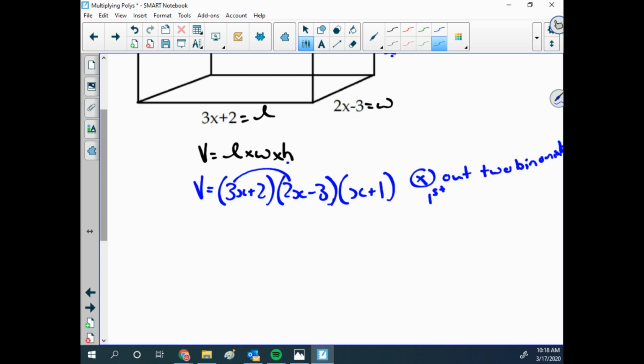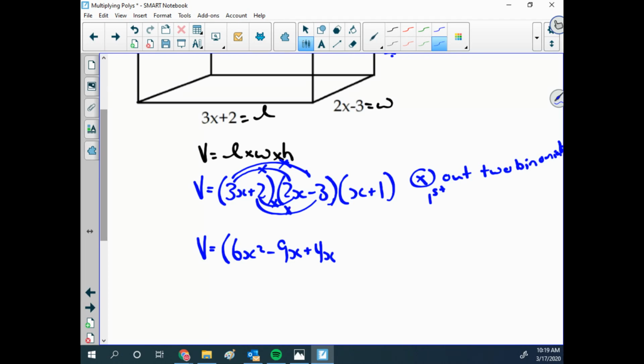So I'll multiply each term by every other term for my 2 binomials, ignoring that term at the end for now. So 3x times 2x is 6x squared. 3x times negative 3 is going to give me a negative 9x. 2x times 2 is going to give me a plus 4x.